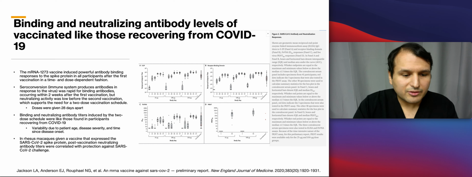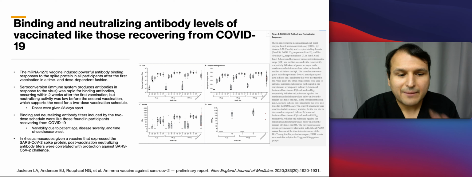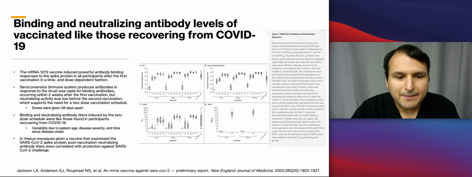So we give the first shot, we don't have any antibodies. Then 14 or 15 days after, we have effectively created antibodies that bind to the spike protein and to the receptor binding domain. This is the 25, this is the 100, and this is the 250.